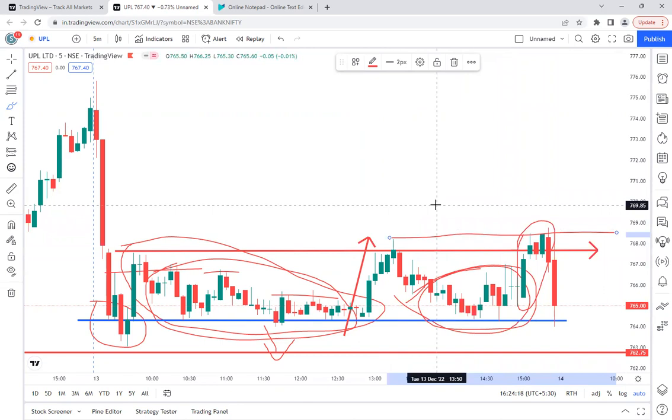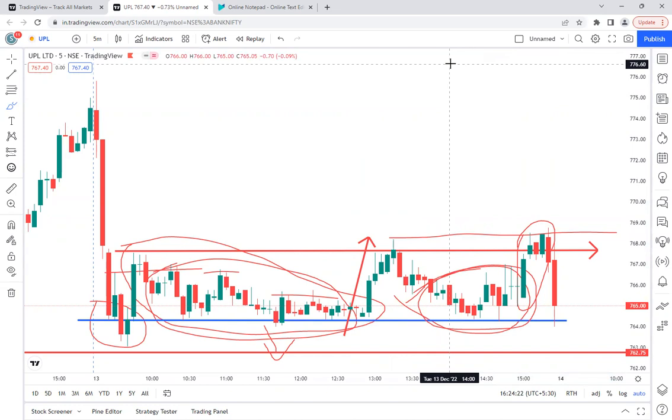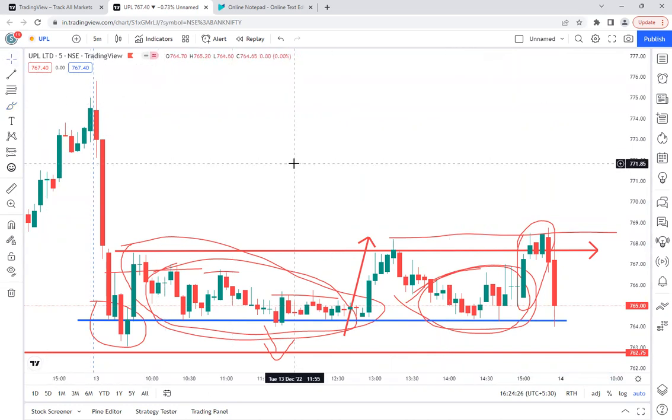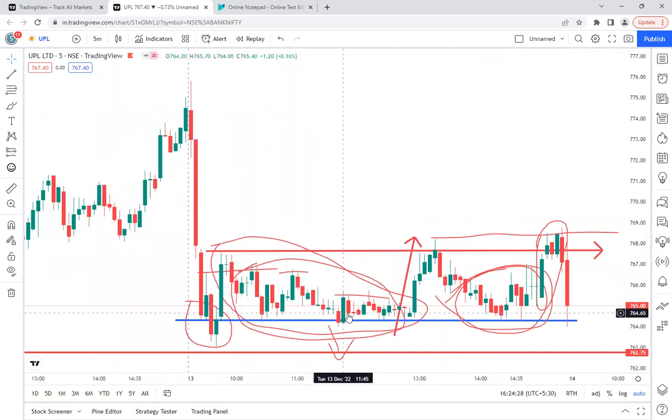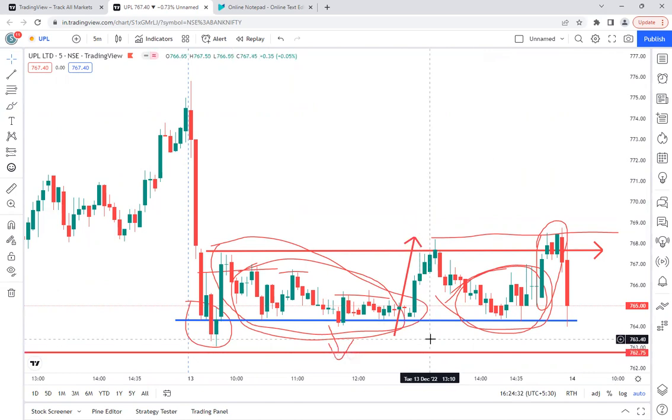So what happened today? In simple terms, I will tell you. Every retail or normal trader, small trader, new trader will think that today the price will hit this red level, the key support level. But manipulators utilized that level as a trap.